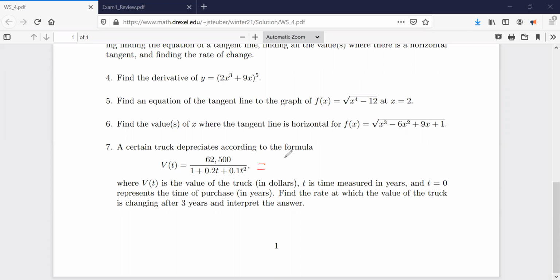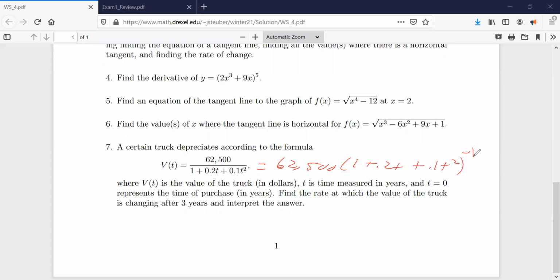So this is equal to 62,500 times (1 plus 0.2t plus 0.1t squared) to the negative 1. That's just a different way to write it, and at that point you don't have to do the quotient rule.